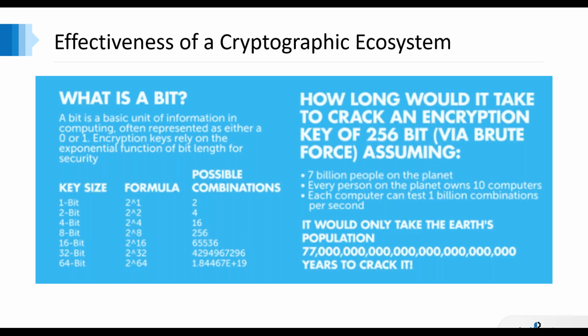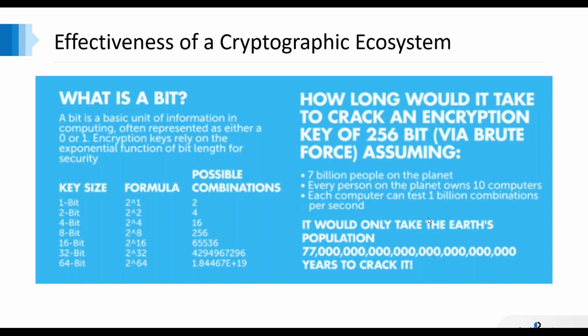Okay, so I'm sure that many of you have seen all the charts and infographics floating around out there talking about how long it can take to brute force hack a key. You're going to see things like this one here. And on the right-hand side of the graphic, you can see how long it would take the 7 billion people on the planet to break a 256-bit encryption key.